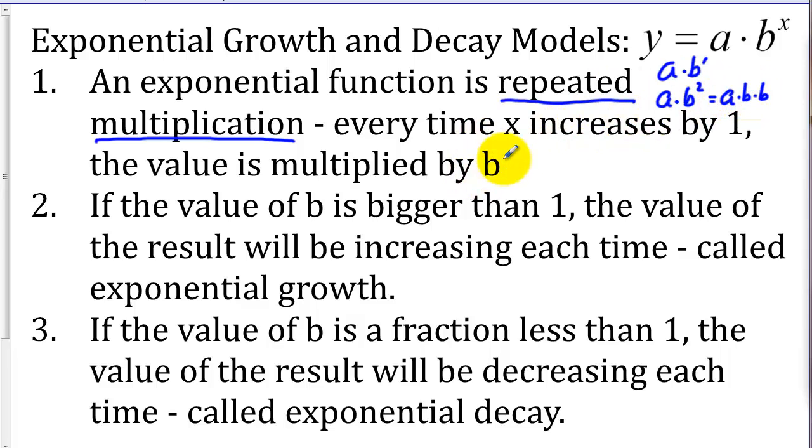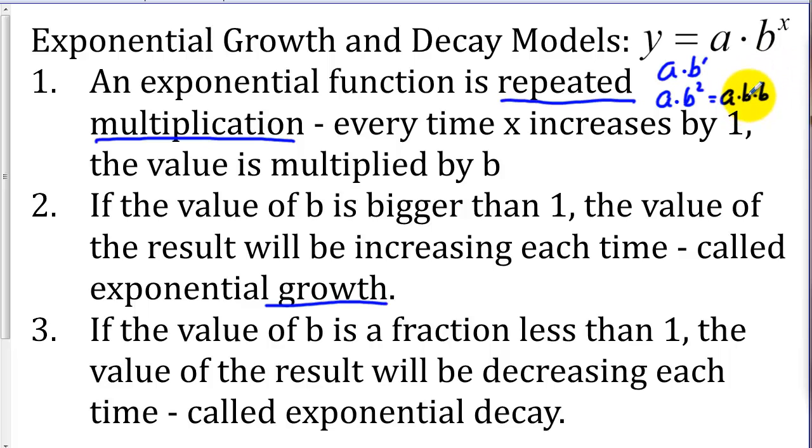The number that we're repeatedly multiplying by in this model is the b. If b is bigger than 1, then each time we multiply a number by something bigger than 1, it will increase in value. So when the value of b is bigger than 1, we have something called exponential growth.